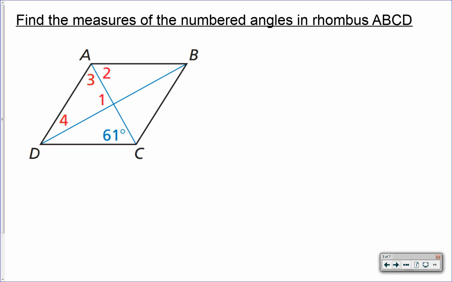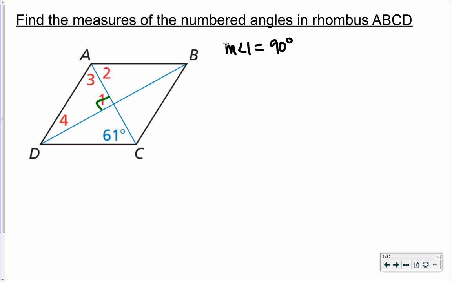Well, the measure of angle 1 is very easy. Since those blue lines are diagonals, I know that they are perpendicular and they make a right angle. So measure of angle 1, easy, 90 degrees. We also know that opposite angles are equal.